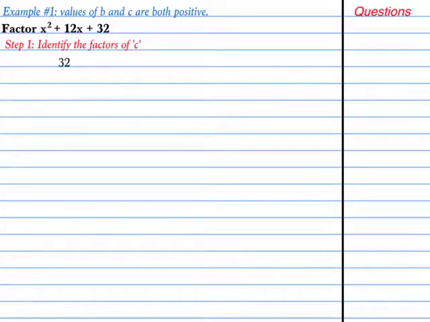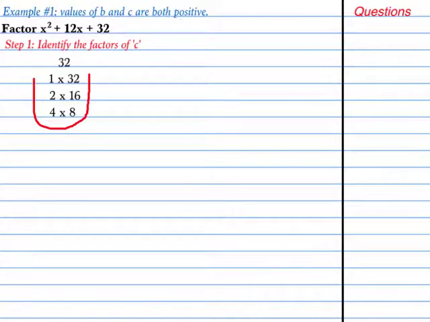So we're going to start with what we learned from last class, is find all the factors of 32. We'll start with 1 times 32, 2 times 16, and 4 times 8. Now the next one I would get would be 8 times 4, which is the reverse of this, so I think we're done with our factors of 32.